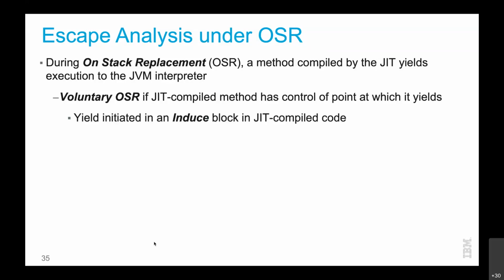So if for whatever reason the JIT determines that it needs to yield control of the execution of the method to the interpreter, perhaps because an assumption that it has made in compiling has been violated or contradicted, it has to turn over control to the interpreter so that the interpreter can continue correct execution of the method, because the JITted code can no longer correctly execute.